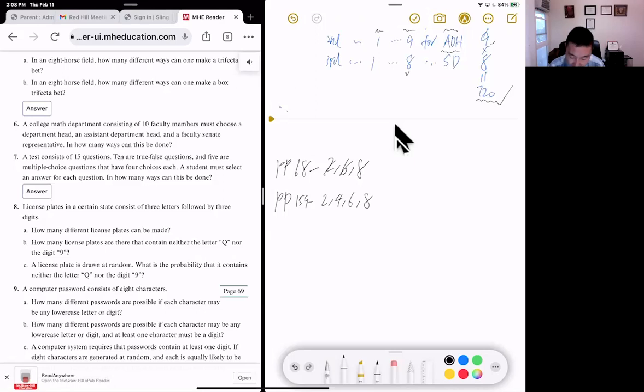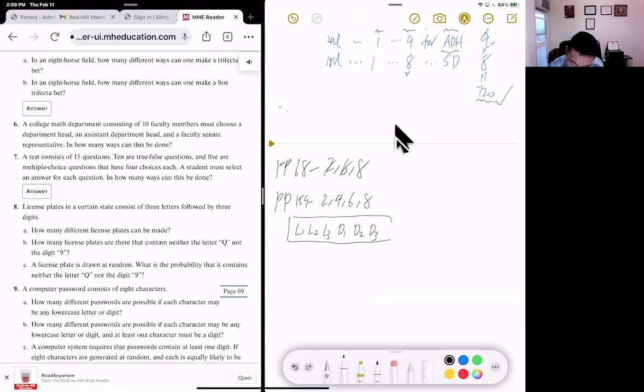Let's see, this license plate has 3 letters: letter 1, letter 2, letter 3, and 3 digits: D1, D2, D3. How many ways can we assign letters and digits to this license plate?